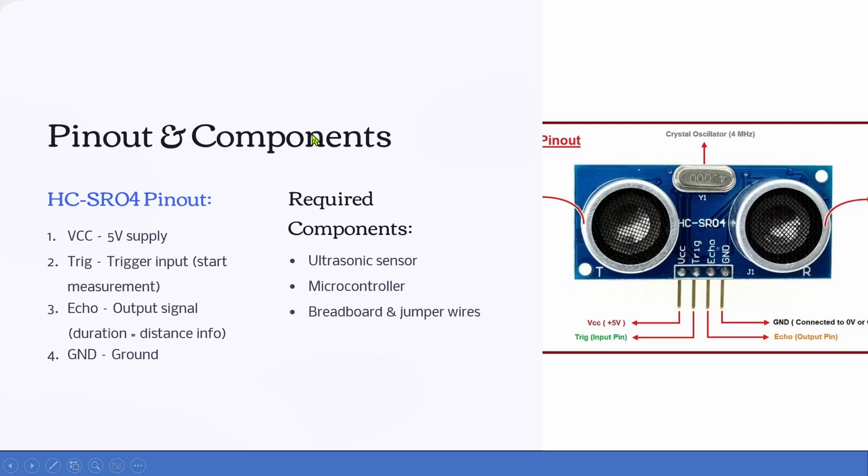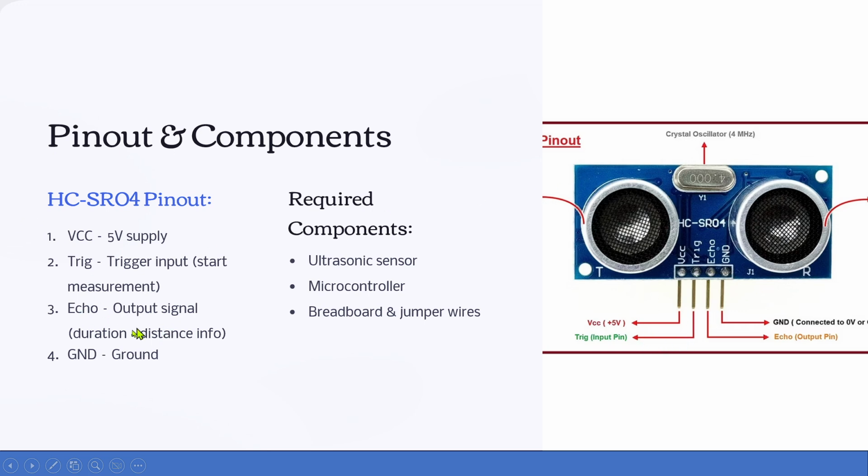This is how we are going to connect the ultrasonic sensor to our microcontroller. We connect VCC to the 5-volt supply from the Arduino or whichever microcontroller you are using in your project. Trig means trigger input; it starts the measuring signal, so we need to set this pin as an input pin.